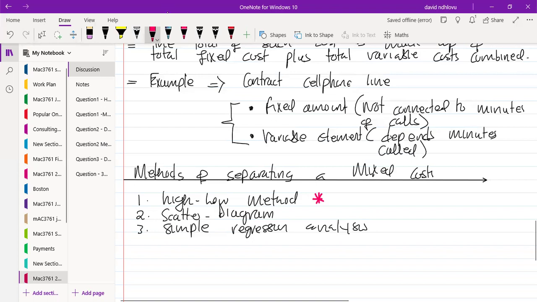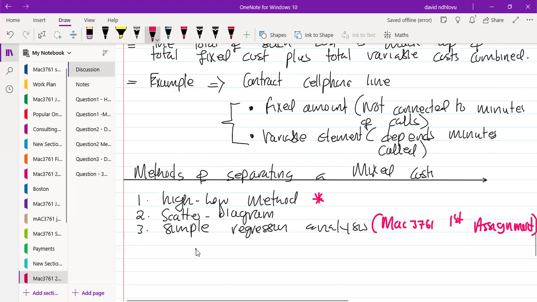Right, however, if you are doing MAC 3761, only for the guys doing MAC 3761, your first assignment will carry a calculation on a simple regression analysis. It's actually a multiple choice question most of the time, and they will have one or two calculations there.